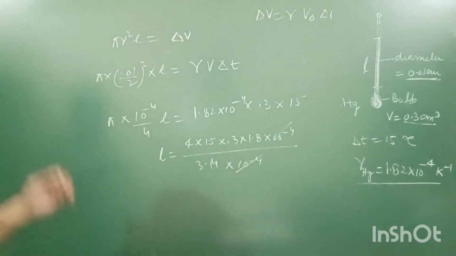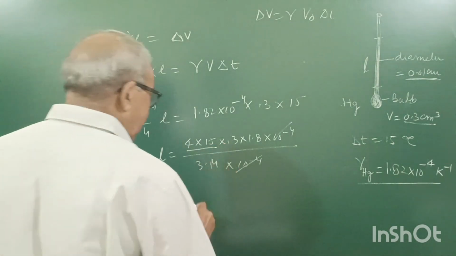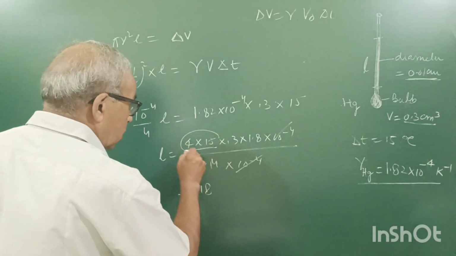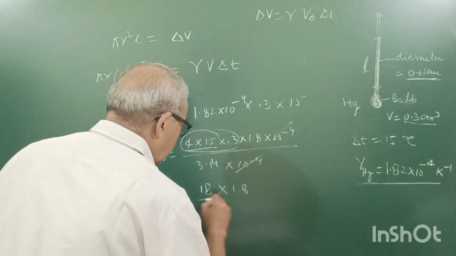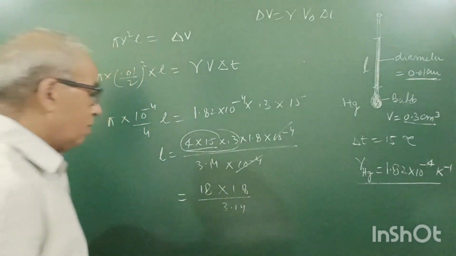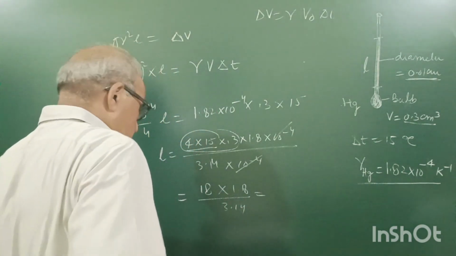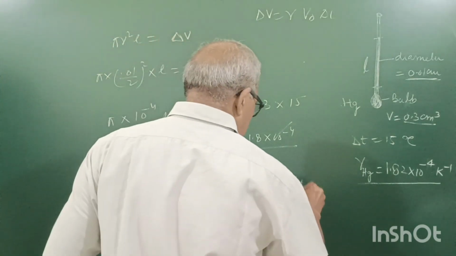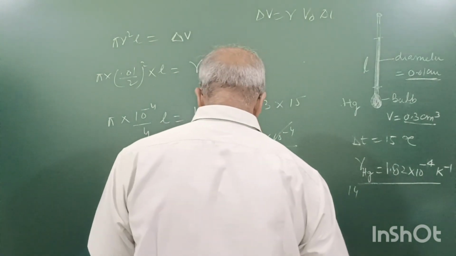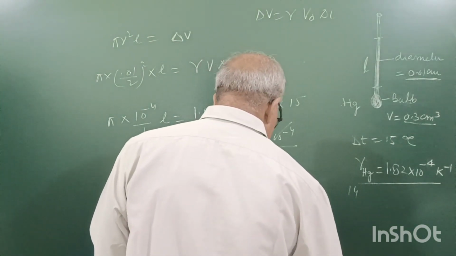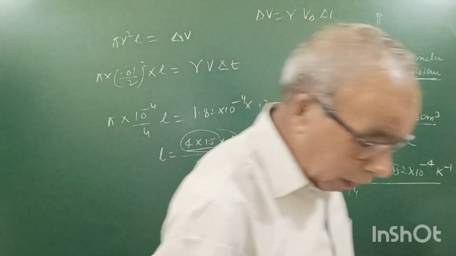Power cancelled. 15 times 4 is 60, so it is 18. This into this: 18 into 1.8 upon 3.14. 18 times 18 is 324, upon 3.14. It nearly comes out to be 10.4 centimeter.